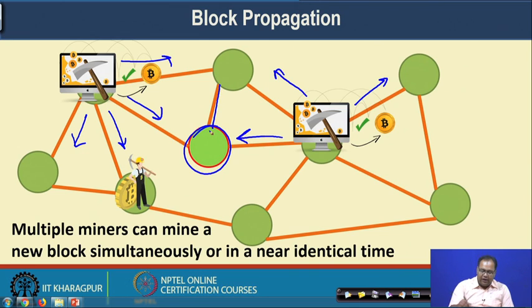Whenever that particular node is getting more than one copy of the blockchain, this node accepts the copy which has been transferred by the maximum number of peers.